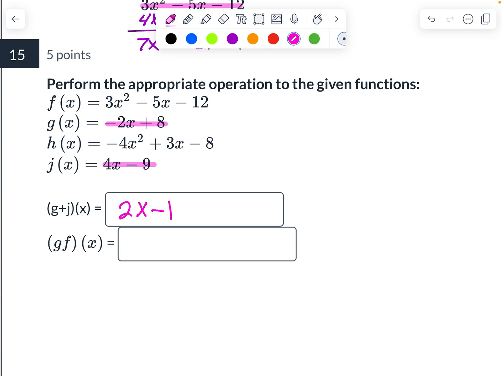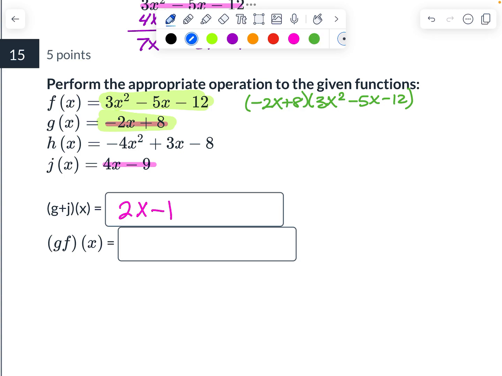The next one we have is G, which is this one, multiplied by f, which is this one. So we have negative 2x plus 8 being multiplied by 3x squared minus 5x minus 12.